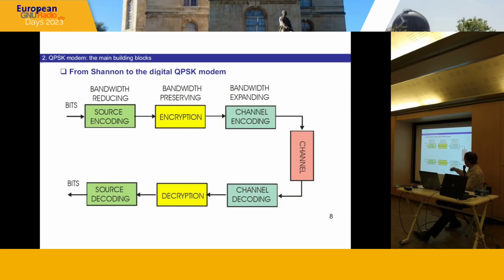So source encoding, encryption, because Shannon is also known for that, and Shannon encoding. So you see that with source encoding, we reduce the bandwidth, and with channel encoding, we do exactly the reverse, but we adapt to the channel. And of course, you've got the blocks at the receiver side. We start with bits, and we receive bits.